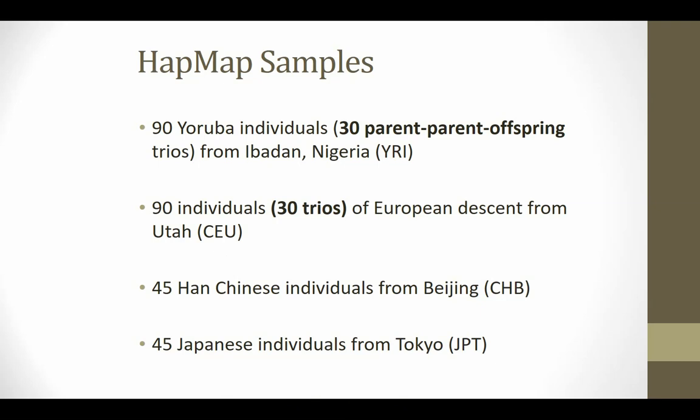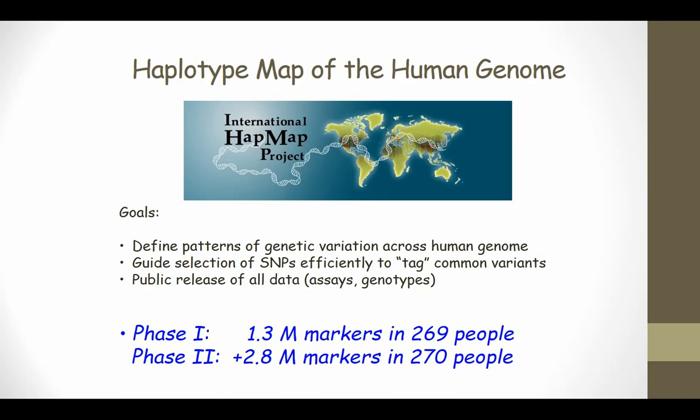And within the same effort, they did some trios, to really understand the parent-child differences, and at that time even to confirm the stability of sequencing. So it was for both reasons, because if you have mistakes, they won't be explained by parent-child information.